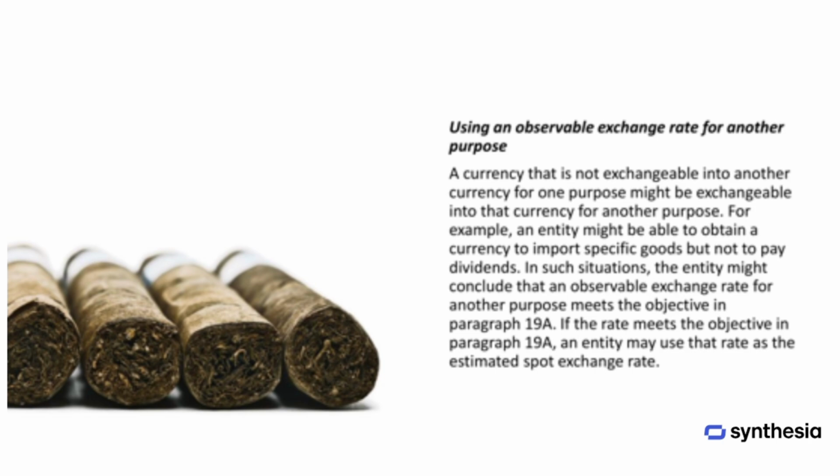If the observable exchange rate available for that other purpose, like importing goods, meets the objective described in paragraph 19A, then the entity can use that rate as the estimated spot exchange rate, even though it relates to a different purpose. The key is whether that rate fairly reflects what the spot exchange rate would have been at the time the entity needed it. In other words, if it still meets the goal of a realistic and unbiased estimate.